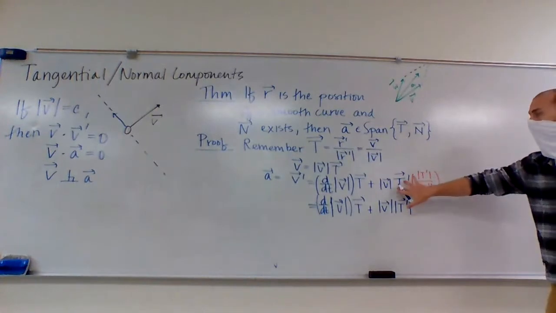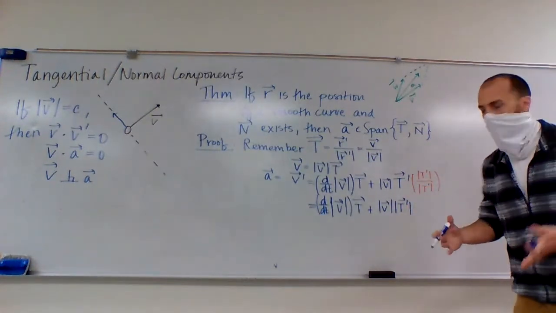But then I'll have T prime over the length of T prime. That's the unit normal vector. That's the definition of N.